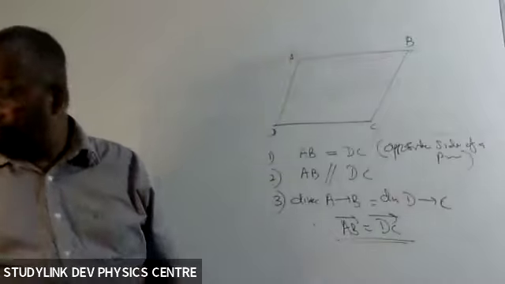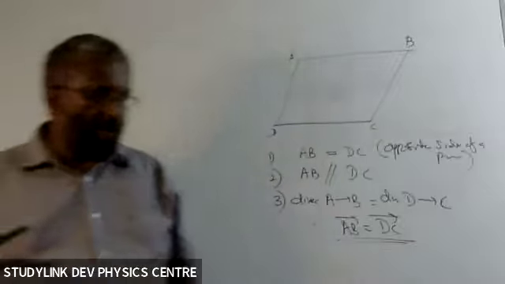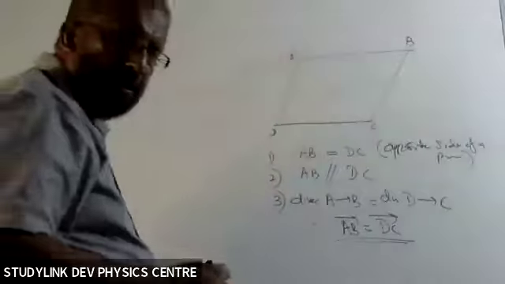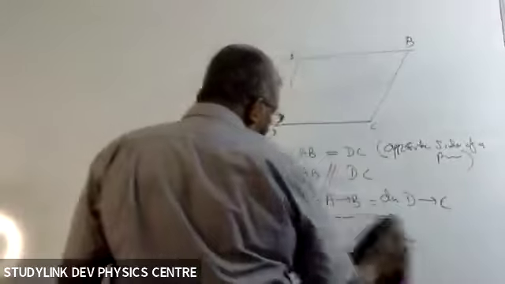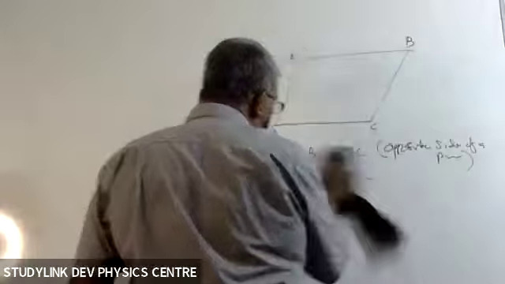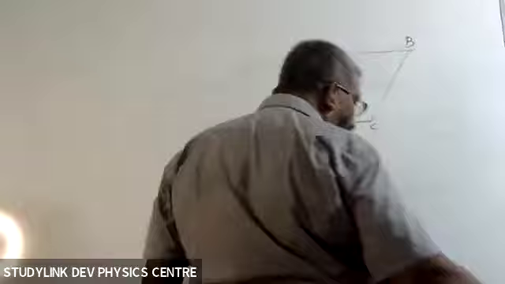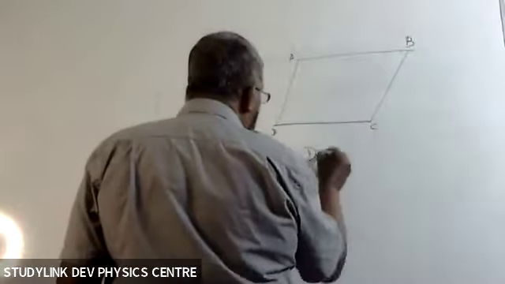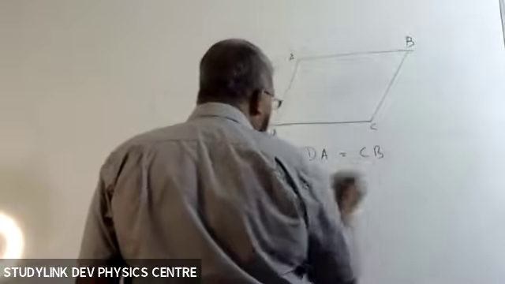Second one, vector DA is equal to vector CB. I think you have completed now. Then I am going to show the next one. Number 1, DA is equal to CB.